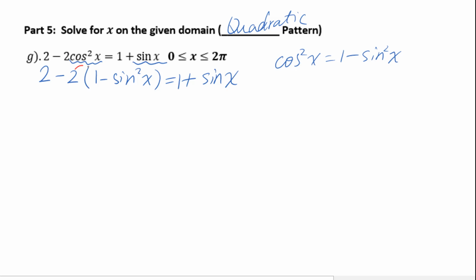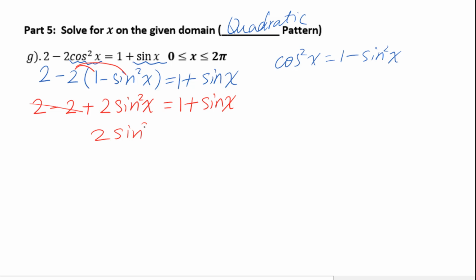We will do the distributive property here. So you have 2 minus 2, negative negative will be positive 2 sine square x equals 1 plus sine x. Cancel, you will get 2 sine square x equals 1 plus sine x.